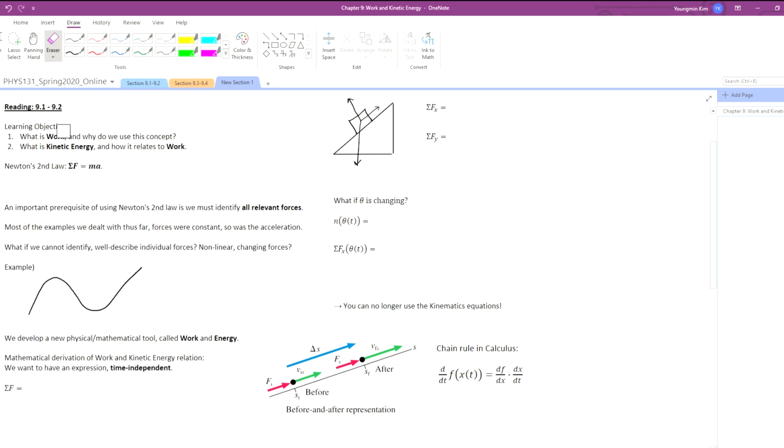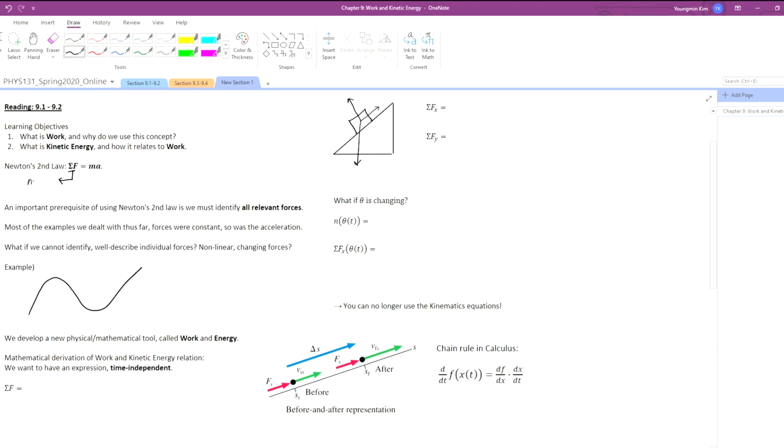with the concept that we already know as well. So let's begin with Newton's second law. Newton's second law, as we learned in class, states that the net force is equal to ma. And I want to remind you that the left-hand side here is not one force.